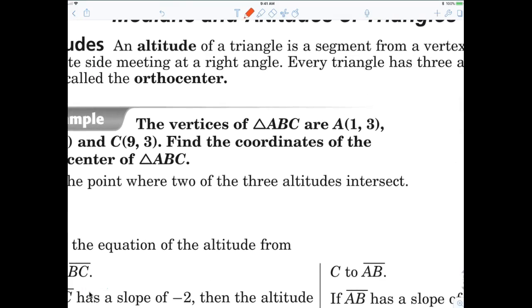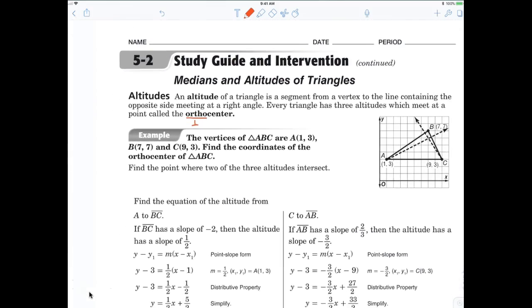The orthocenter. Now, ortho, you'll hear that in math. Ortho just means perpendicular. That's how we knew that it was the heights or the altitudes, because that's the one that has to be perpendicular.